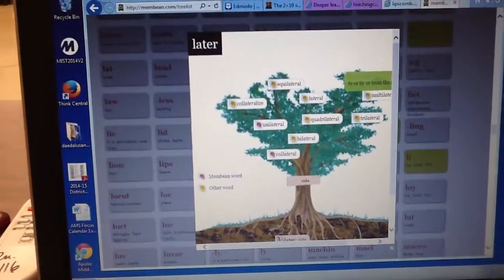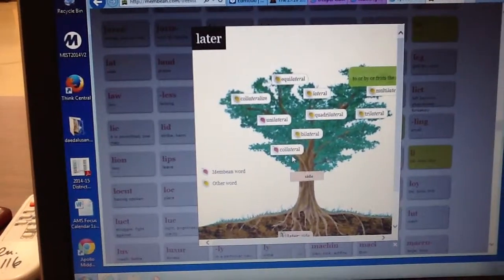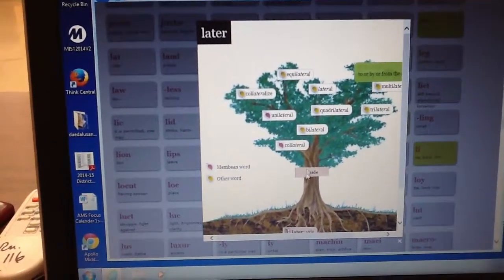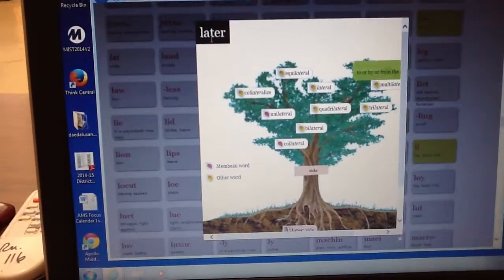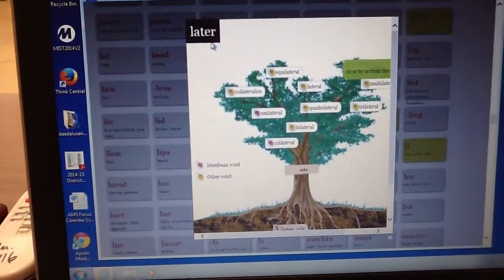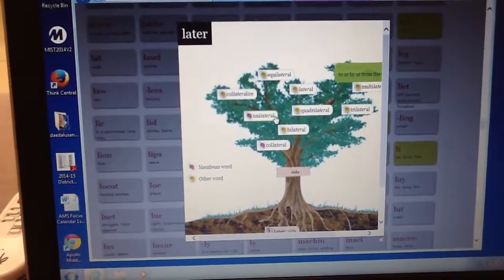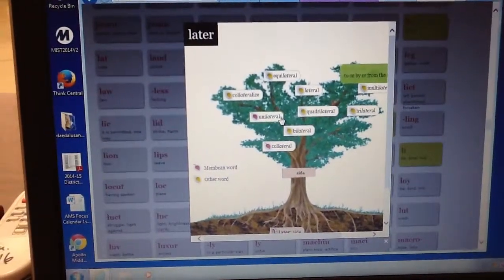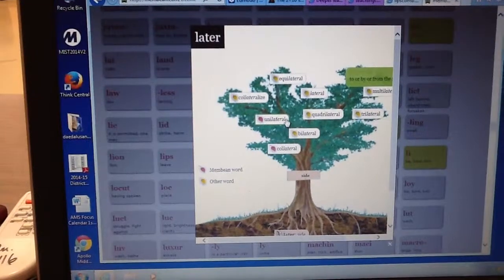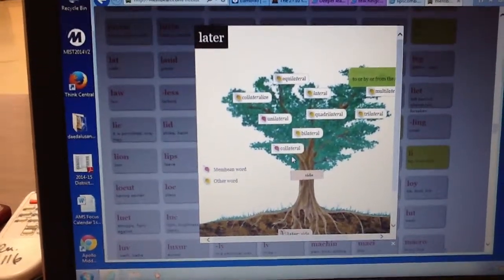And then after a week or so of using different versions of the root in class and throughout our work that week, I would have the students, like I said, spell and define whichever words they have chosen.